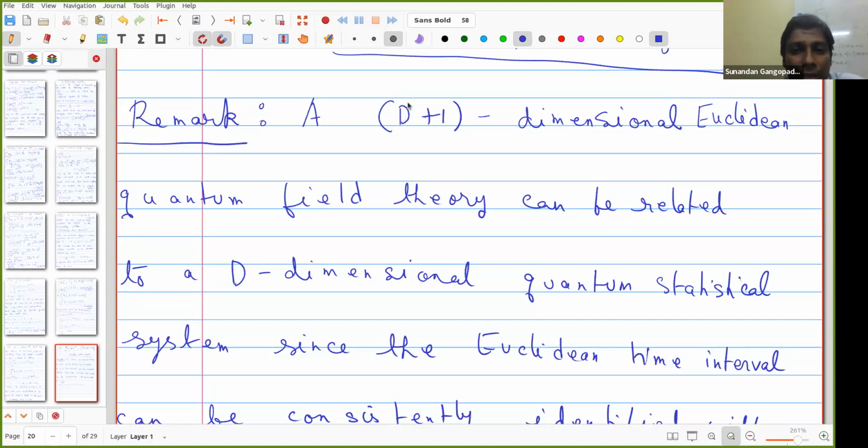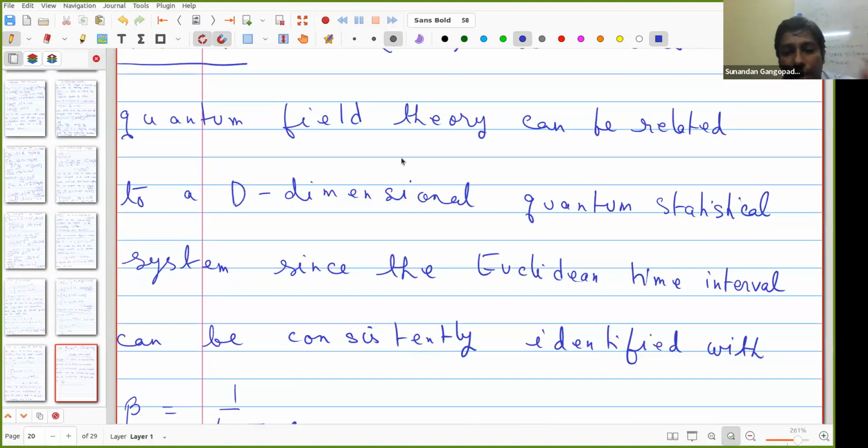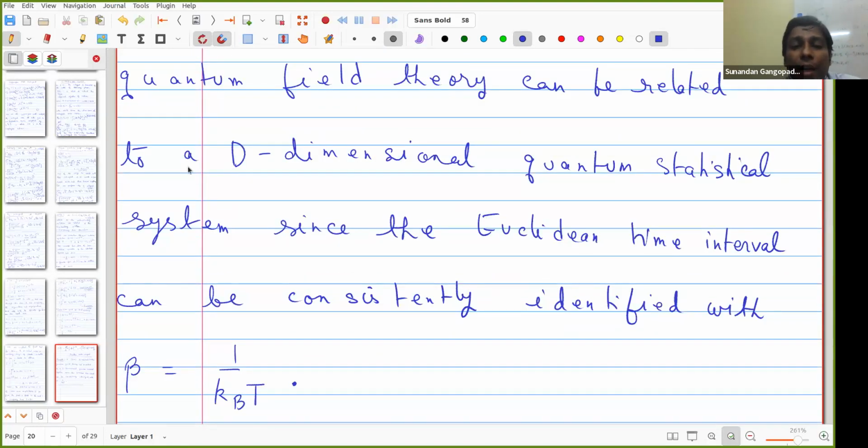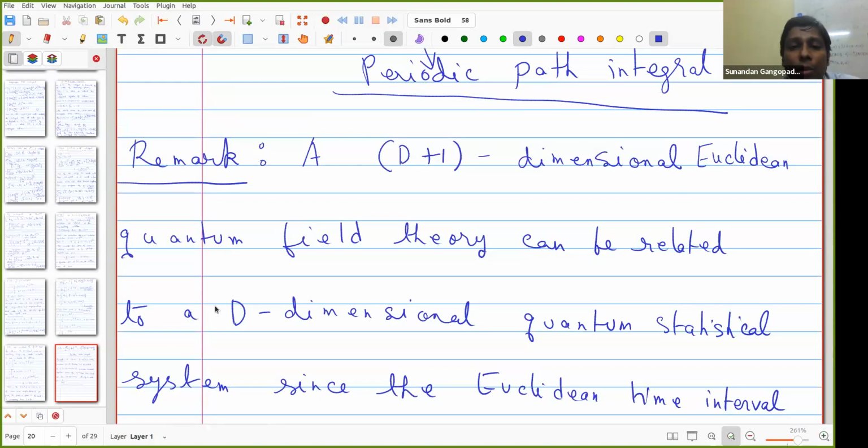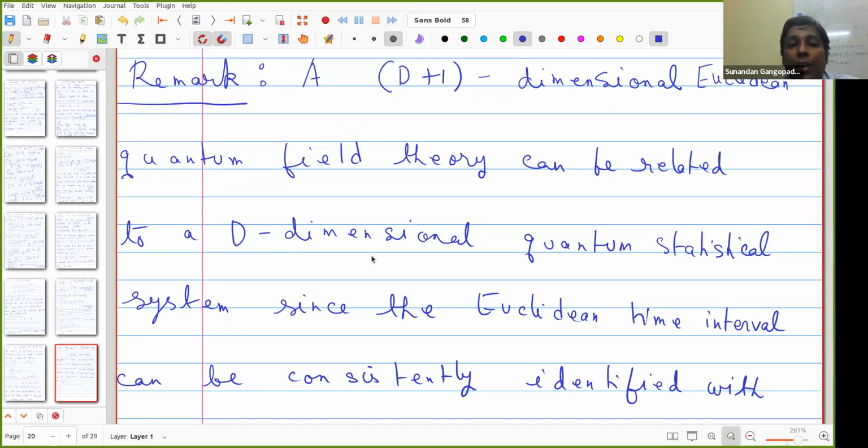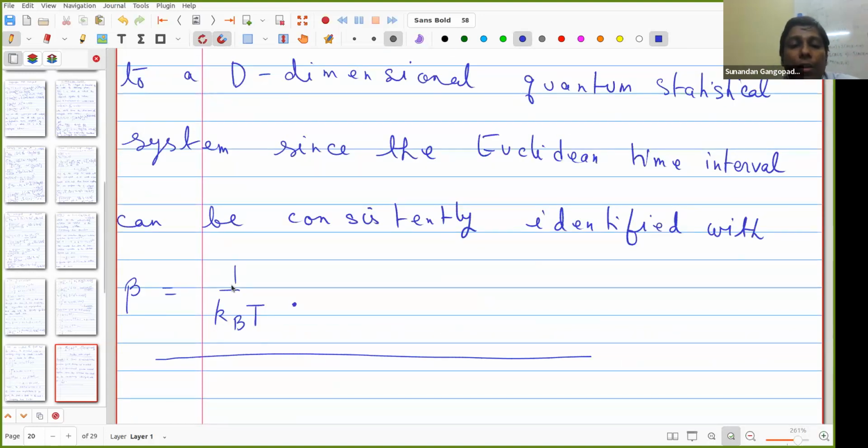There are no spatial dimensions, so capital D is equal to 0, but there is a time dimension. So quantum mechanics can be viewed as a 0 plus 1 dimensional quantum field theory, and such a thing can be identified to a 0-dimensional quantum statistical system, since the Euclidean time interval can be consistently identified with beta is equal to 1 by kBt.